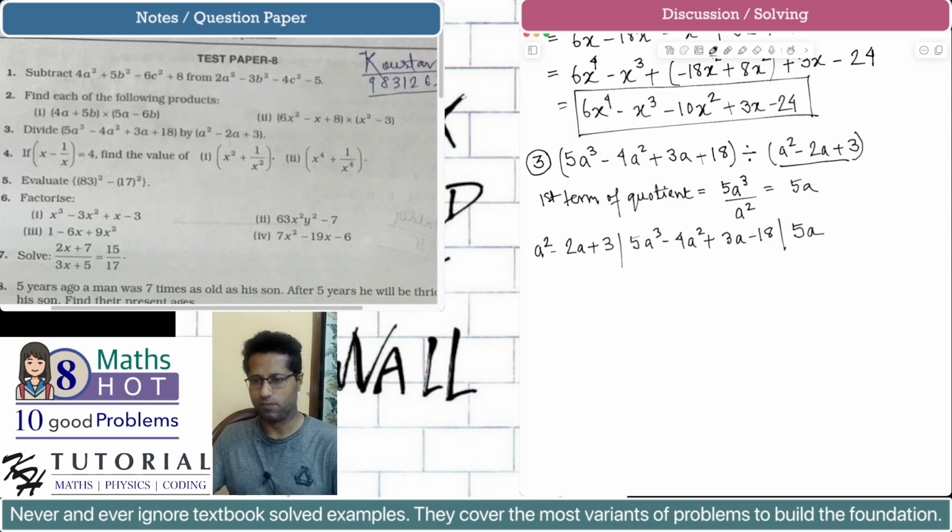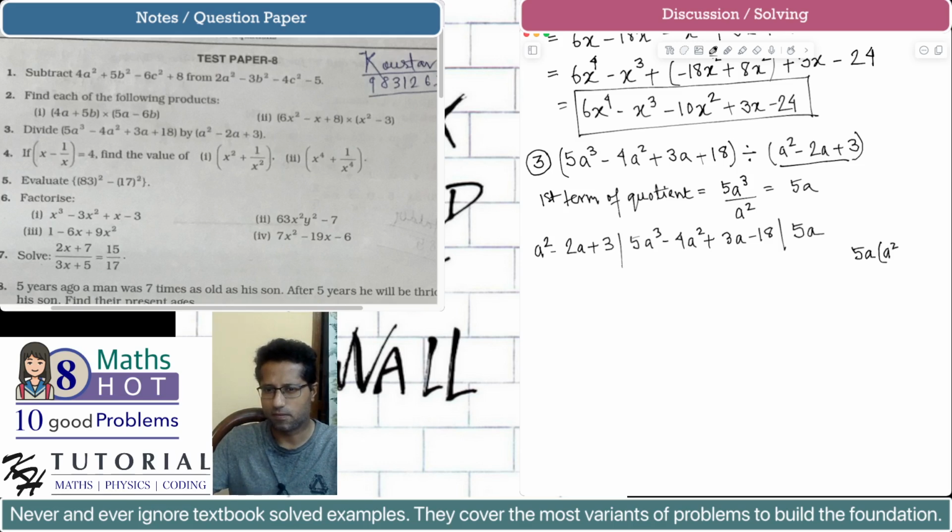So we have to multiply the first term with the divisor and subtract the product from the dividend. So what is the product of 5a, that is the first term of the quotient, with the divisor a square minus twice a plus 3?